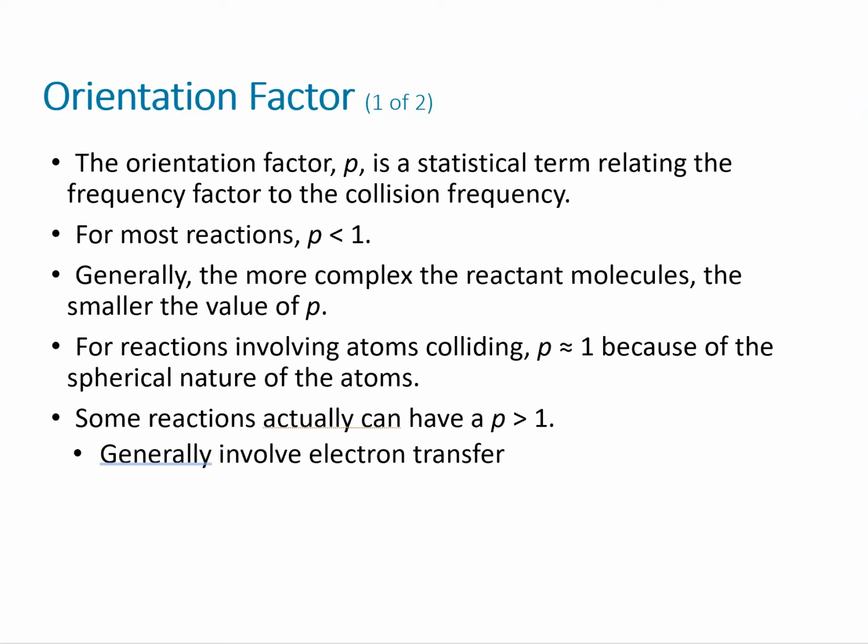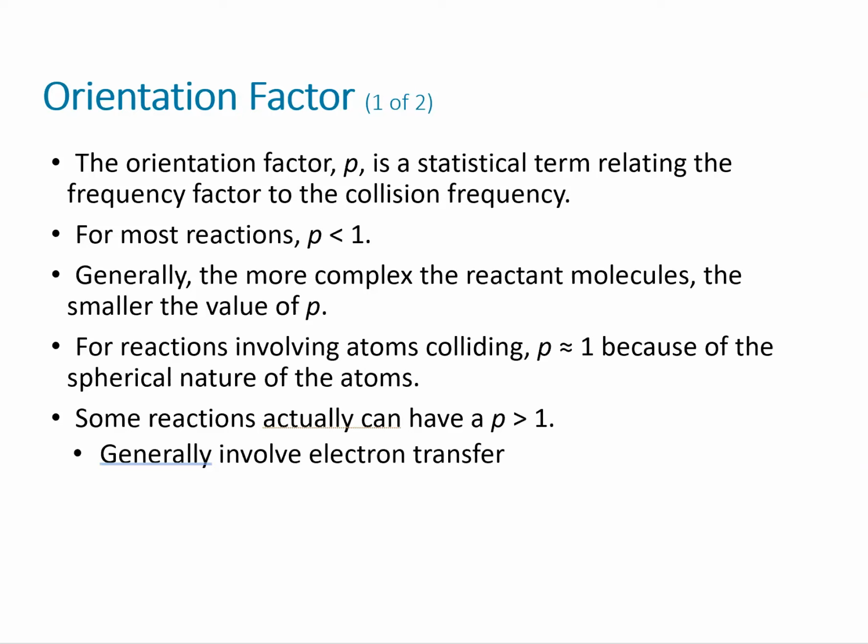And this is just a restatement, honestly, of the orientation factor P, what we've discussed. For most reactions, P is going to be less than 1, meaning most collisions aren't going to result in an alignment of electron orbitals which facilitate the transfer of electrons to form new bonds and break old bonds. Exceptions are lone atoms, because the orbitals of lone atoms are spherical and all approaches are equal.